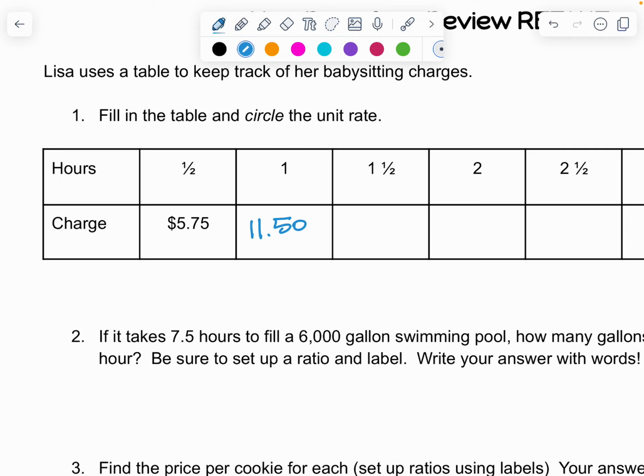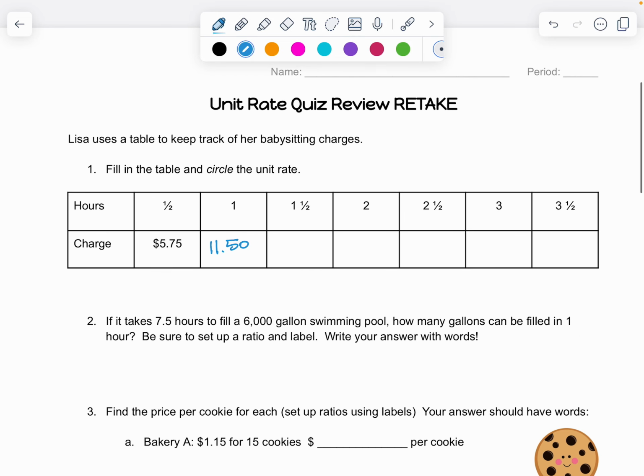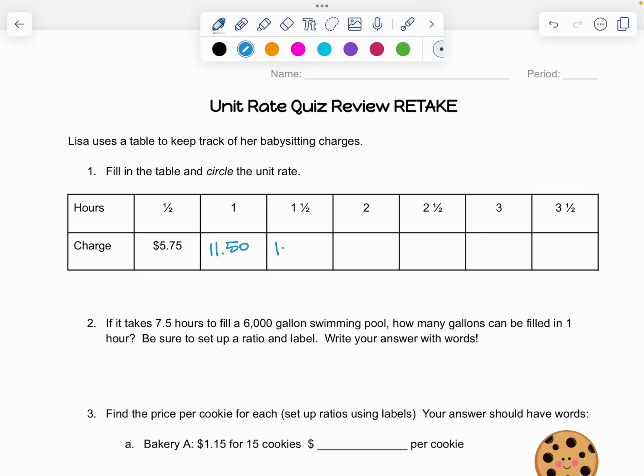Go ahead and keep filling it in. So I would take 1 hour, $11.50, and add on another half hour. That would get me $17.25. Two hours would be double my 1 hour, if that works for your brain. There's lots of ways to do this. That'd be $23.